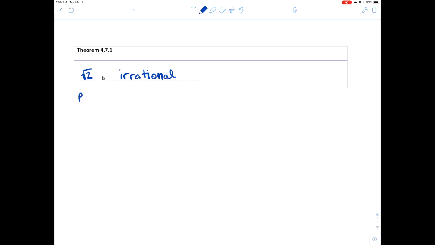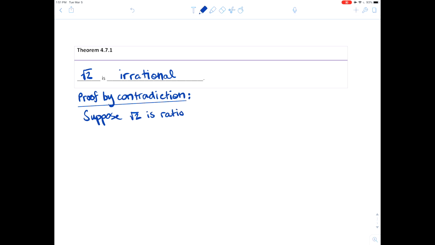So proof by contradiction, just so you know our evil plan. The negation of this statement is pretty easy: suppose the square root of 2 is rational.